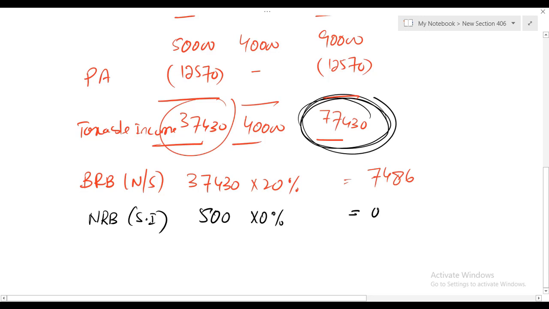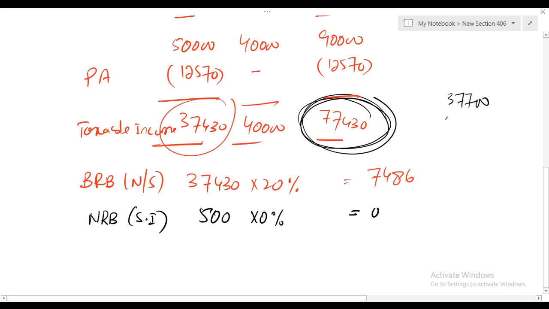Now I just need to check whether we have any space left in the basic rate band. If yes, some of the saving income will fall in the basic rate band. If we have consumed the entire basic rate band, then after deducting this 500 nil rate band, the entire saving income falls in the higher rate band. The limit of the basic rate band is 37,700.